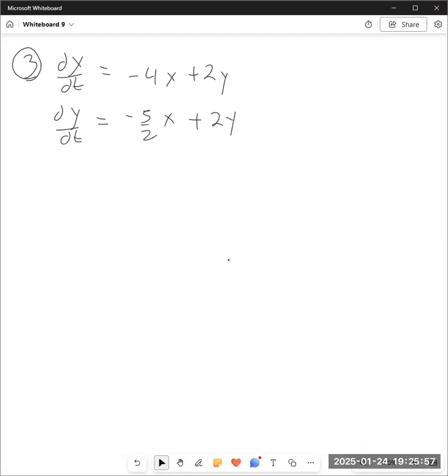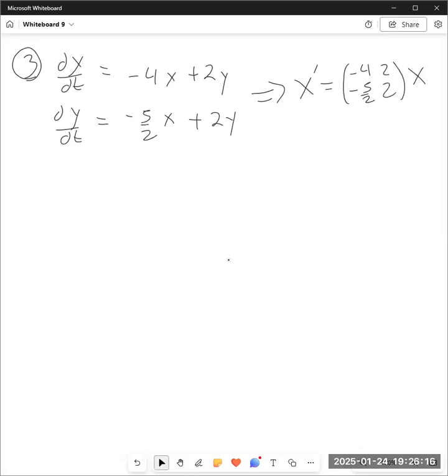Let's verify: negative 4x plus 2y, negative 5 half x plus 2y. So that changes to a system of x prime equals negative 4, 2, negative 5 halves, 2, and then capital X, like that.